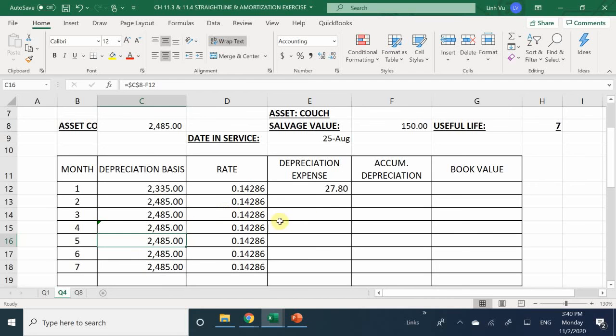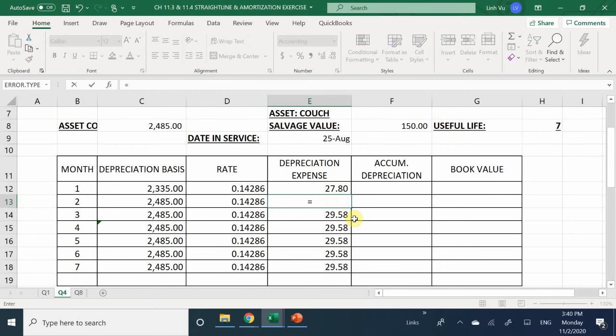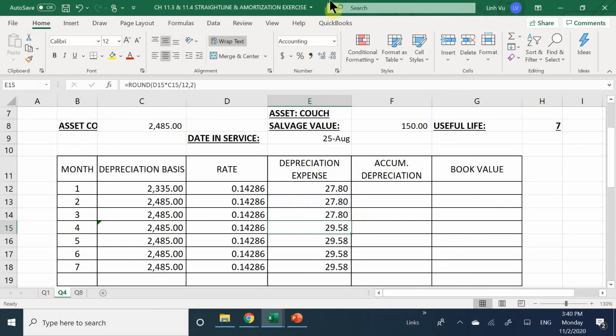Okay, so there you go. All those are the same, and therefore the 27.80 is also going to be identical as well. They're all going to be 27.80, because this is a month to month basis.